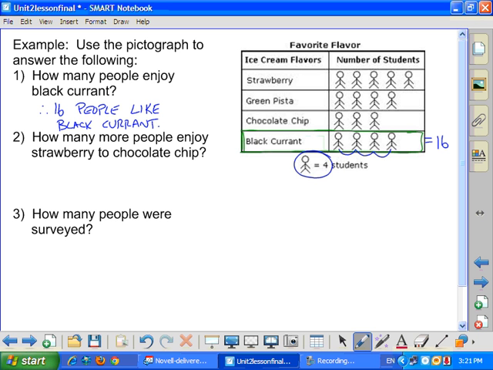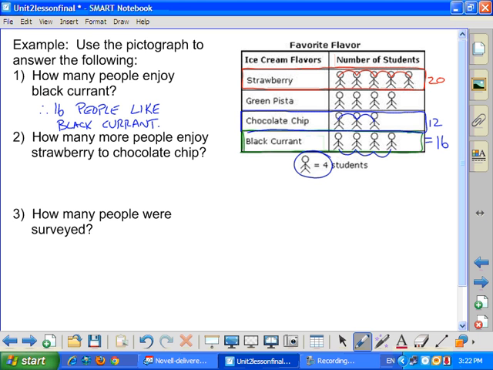Number 2, how many more people enjoy strawberry to chocolate chip? So here's strawberry, and I've got 4, 8, 12, 16. So I have 20 people who like strawberry. And I have chocolate chip right here: 4, 8, 12.